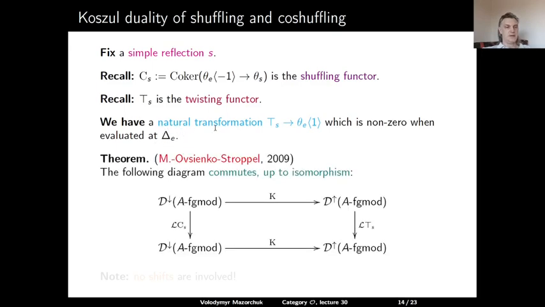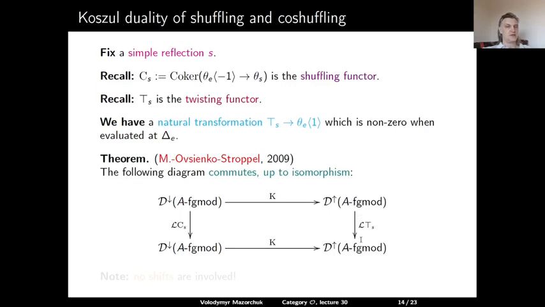Theorem by Sergei Ovsienko, Catharina Stroppel, and myself. The following diagram commutes up to isomorphism of functors. So we go from the regular category to the regular category, and one way is derived shuffling followed by Koszul duality, and the other way is Koszul duality followed by derived twisting.